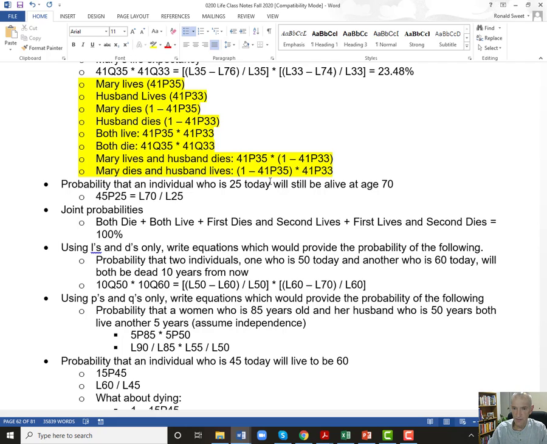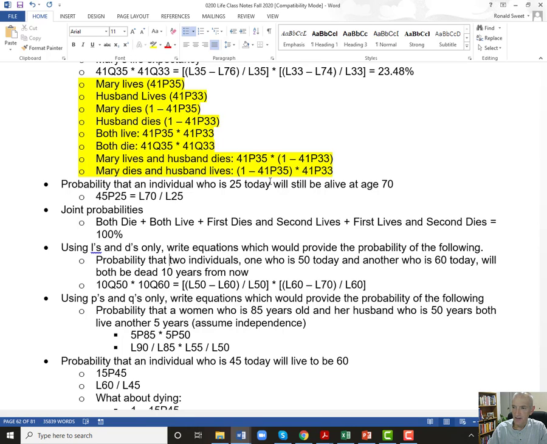So this one should be a unique question. Using L's and D's only, write the equation which would provide the probability of the following: two individuals, one who's 50 today and another 60 today, will both be dead in 10 years. That's 10Q50 times 10Q60.